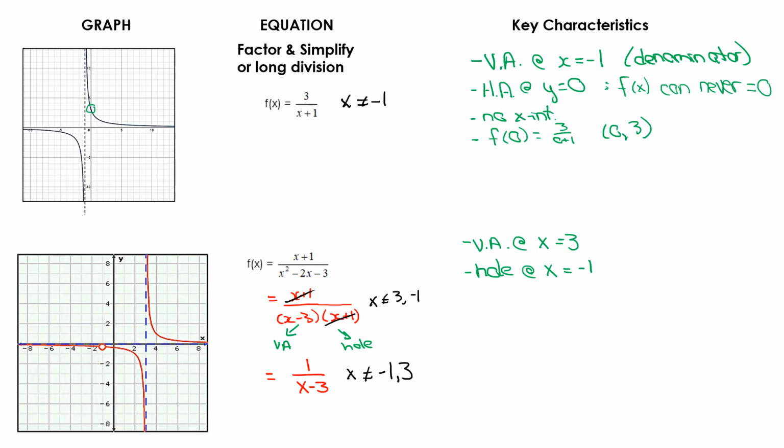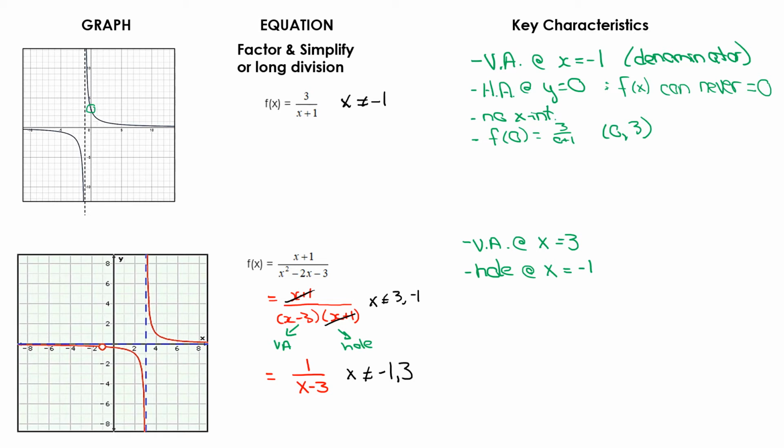What other characteristics have we got here? So we know that the degree of the numerator, and I'll write this out for you in detail later, is 1. The degree of the denominator is 2. So since the degree of the numerator is less than the degree of the denominator, we're going to have a horizontal asymptote.